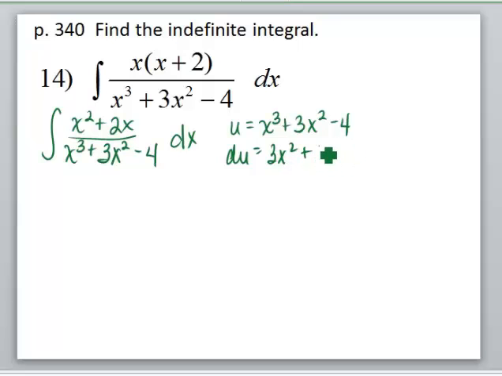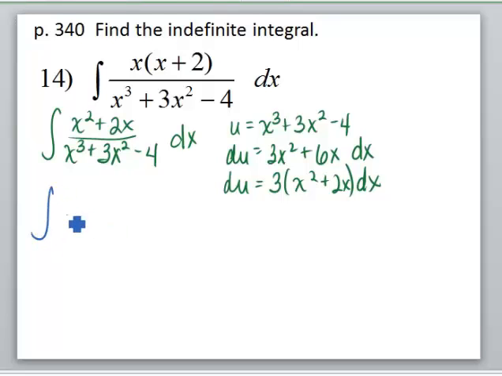Now I'm going to have to look pretty hard at this to notice that that is what's up on top. If I just factor out a 3, I'll be left with x squared plus 2x. So we'll go ahead and rewrite this integral now with the bottom as u. I need just this portion right here, so I'm going to move my 3 over, which will give me 1/3 du is equal to x squared plus 2x dx.